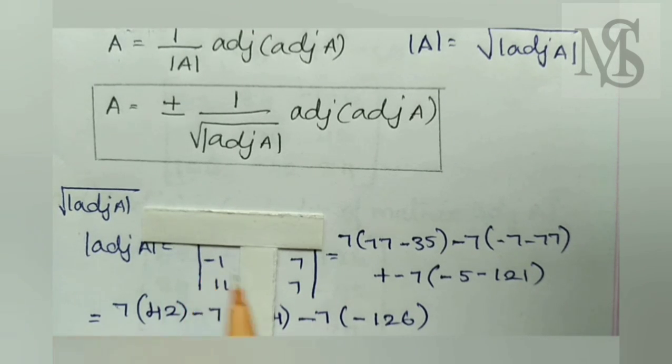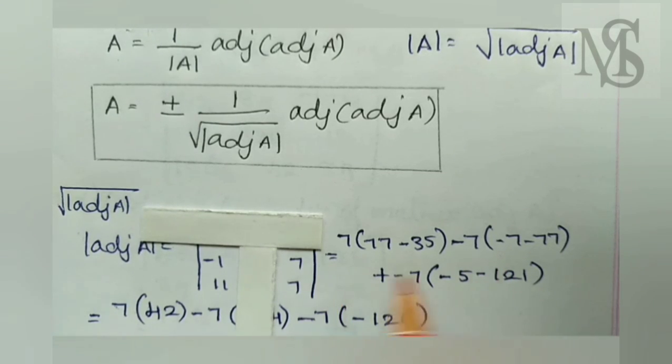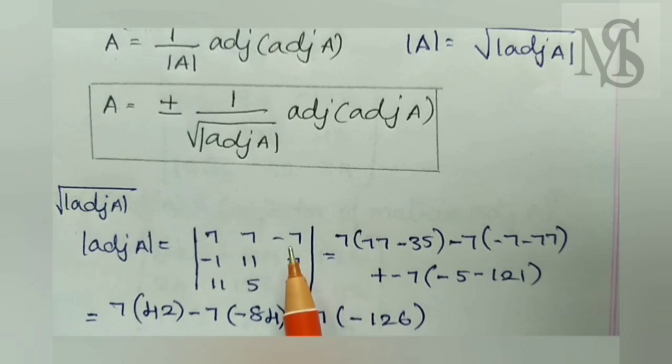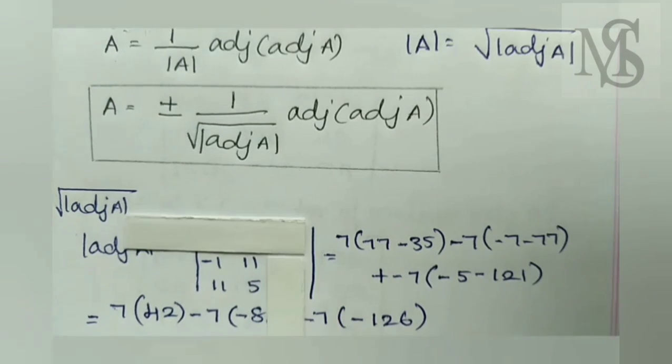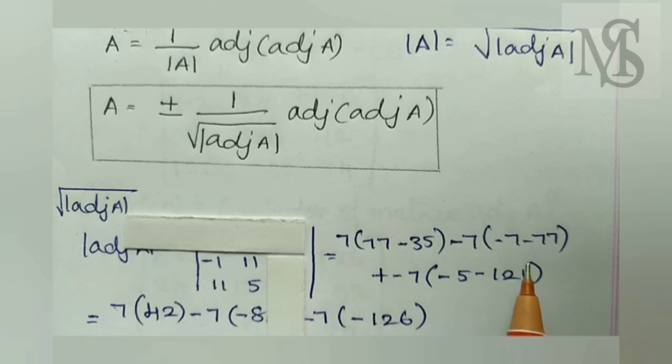That is minus 1 into 7 is minus 7 minus 11 into 7 is 77. Plus minus 7 into, without considering the last column and the first row, the remaining values cross multiplied and subtracted: minus 1 into 5 is minus 5 minus 11 into 11 is 121.